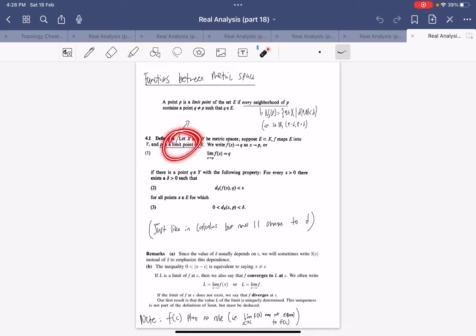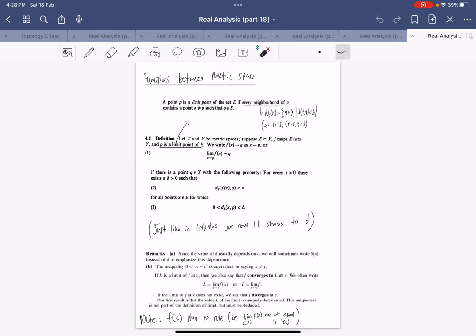This limit point allows you to keep shrinking down your space to create a sequence so that f(x) approaches the limit. It's not really a big deal, but we just leave it there for you to understand for now. We'll talk more about the importance of limit points in future videos.